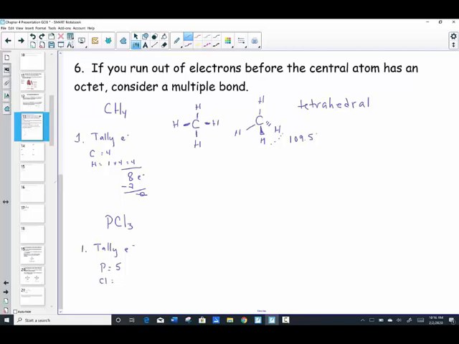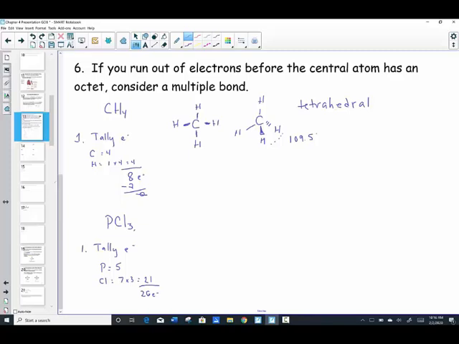Chlorine, who lives in group 7A, contributes 7 valence electrons. But do you see how there's 3 of them in the formula? So the total number of dots, total number of electrons from chlorine will be 21. When I sum those, I get 26 electrons to play with. No more, no less, I get 26.